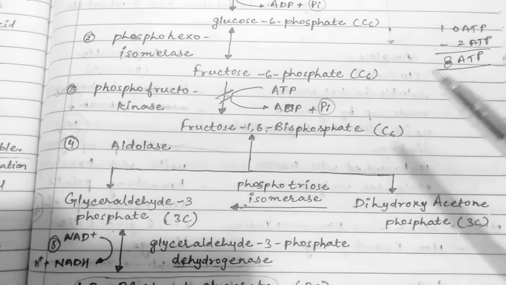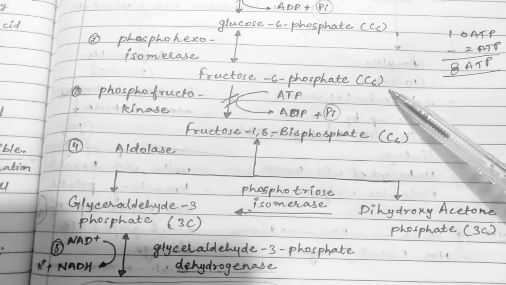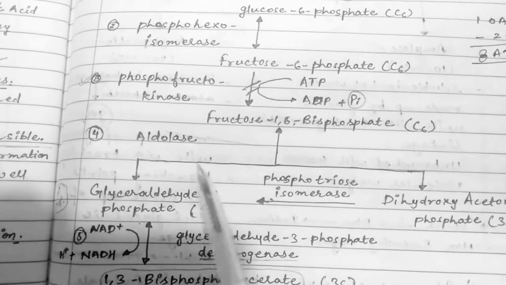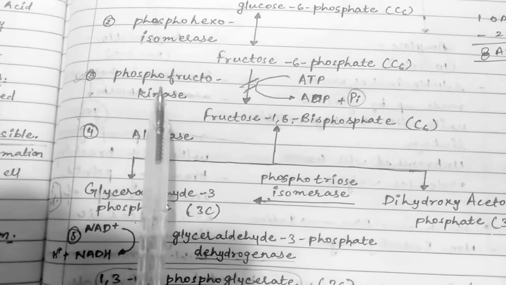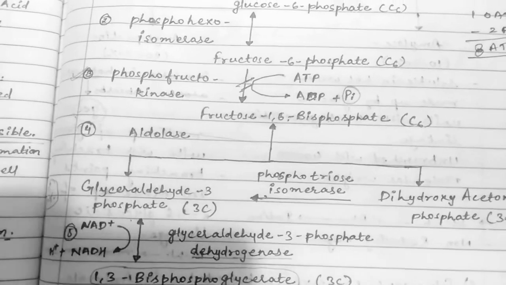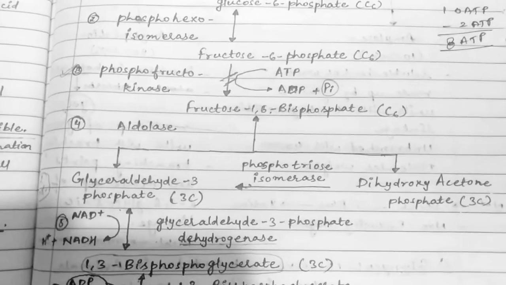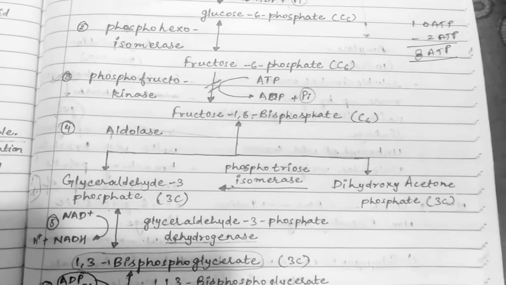Student, you need to remember the number of carbons is the same in the substrate as well as in the product. This reaction is also irreversible, and you can see the phosphofructokinase enzyme is required.